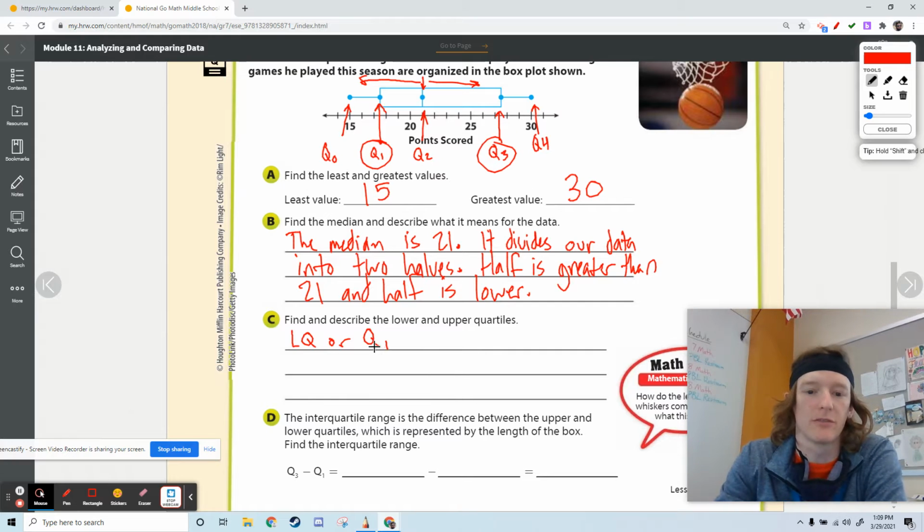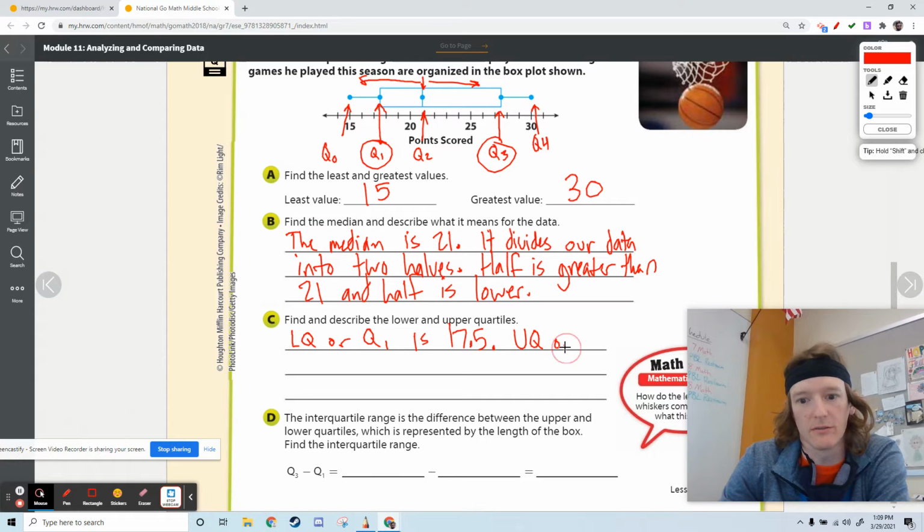So our lower quartile, or Q1, is 17.5. Upper quartile, or Q3, is 27.5. To describe them, we say half of our data is between 17.5 and 27.5.